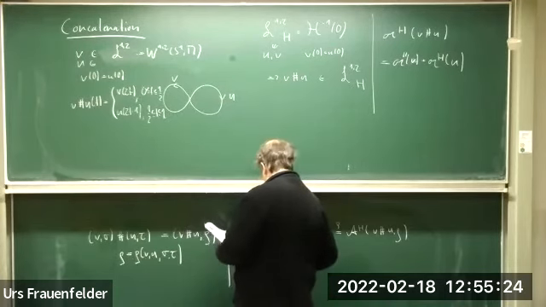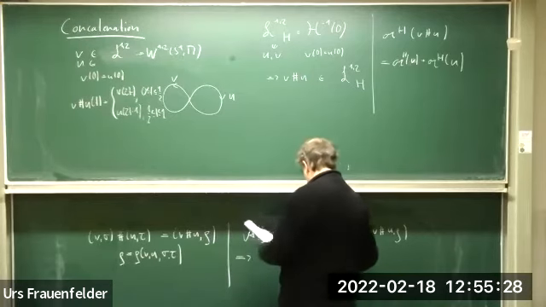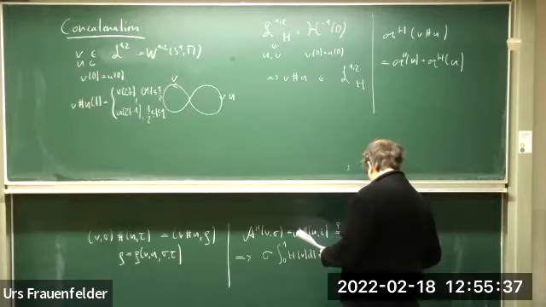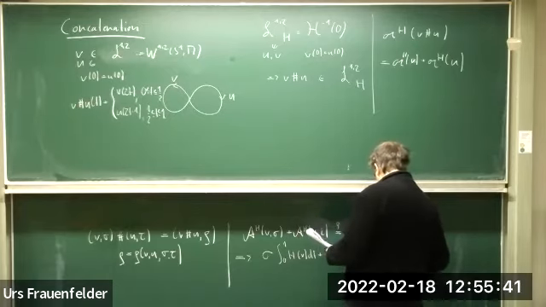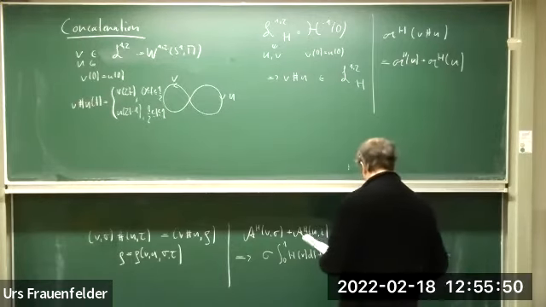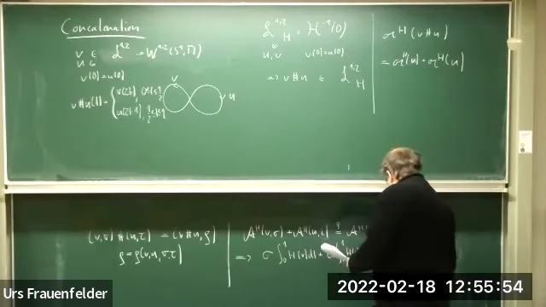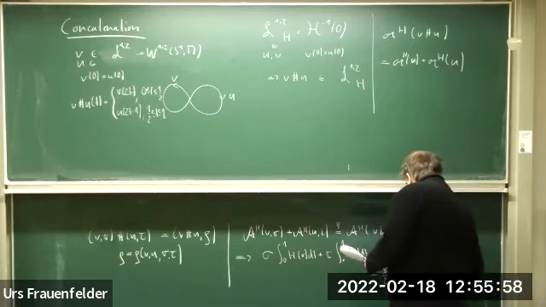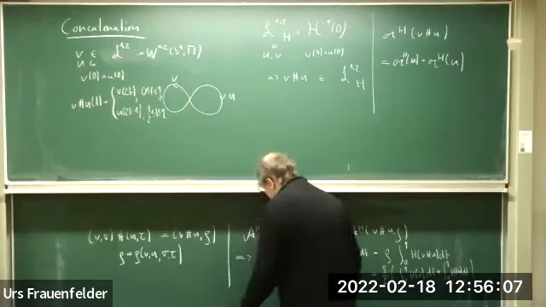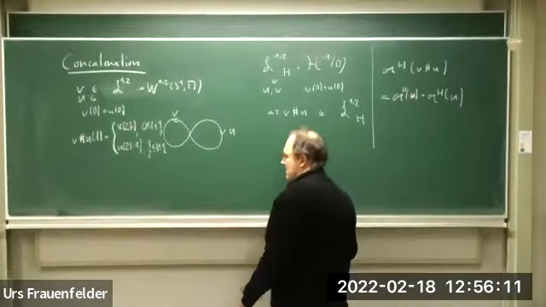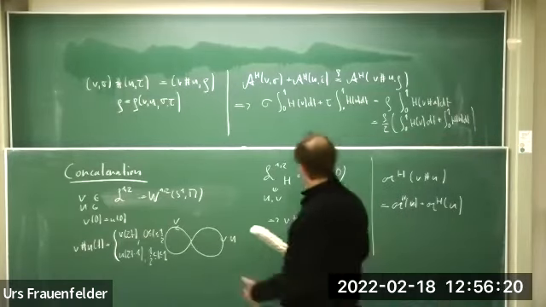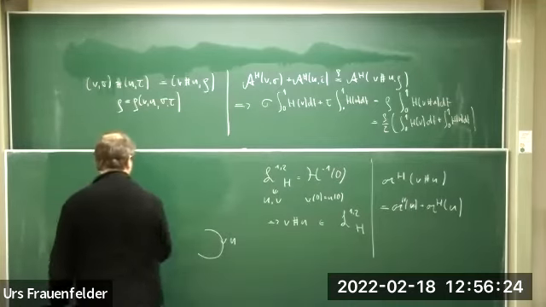Sigma times the mean value of H along V plus tau times the mean value of H along U should be rho times the mean value of H along the concatenation, so rho times sigma times the mean value of H along V plus tau times the mean value of H along U. Now this forces you, this gives you a formula for rho.